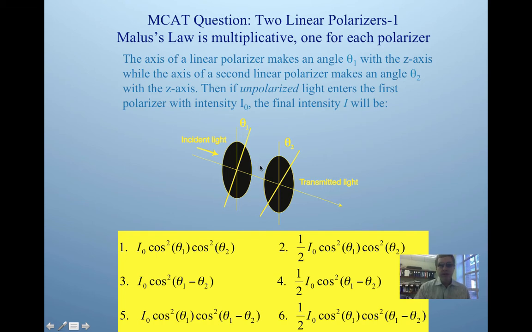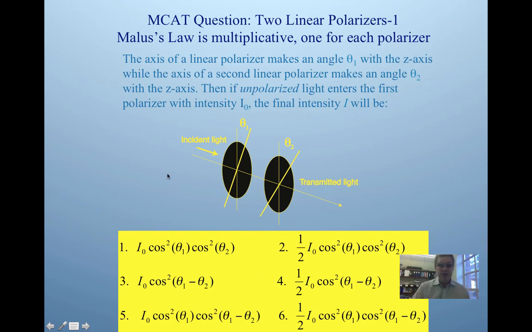Then the polarized light that transmits from the first filter hits the second polarizing filter, which is tilted a different amount in general. Theta 2 is the angle of the transmission axis of the second filter. So what's going to happen next then? The transmitted light that finally emerges is going to be what? It's one of these six answers here.